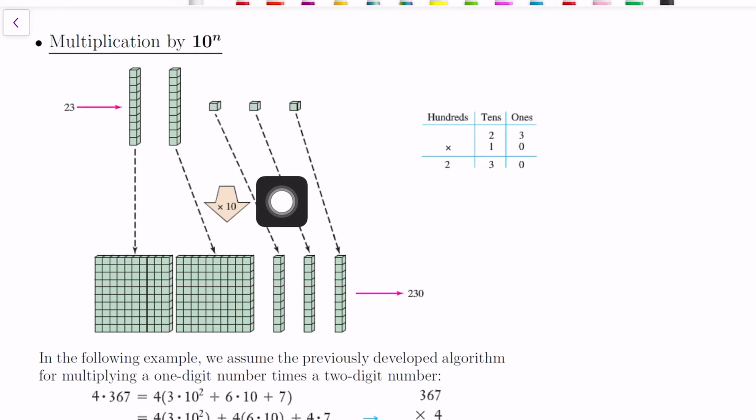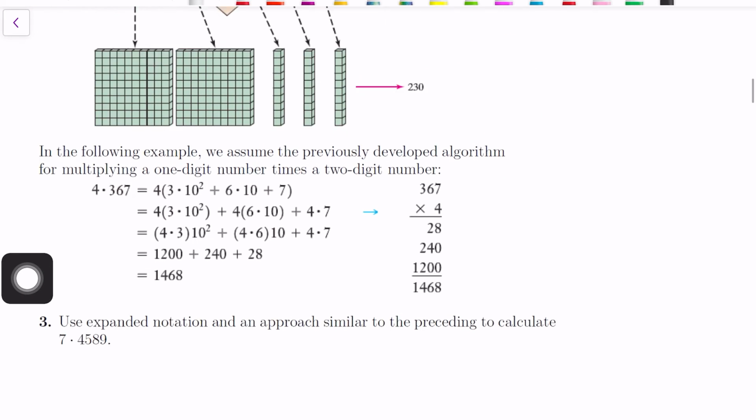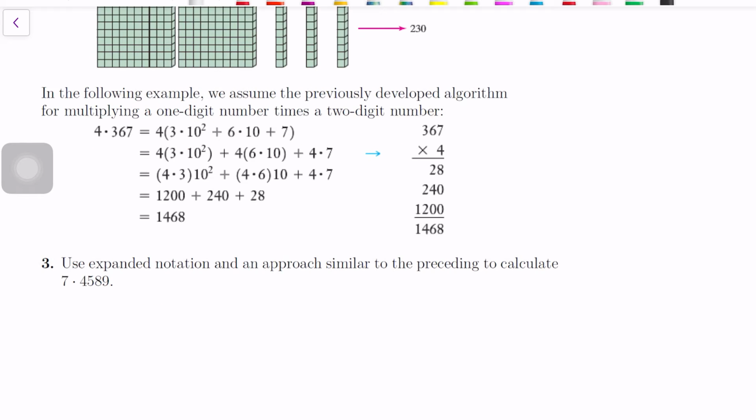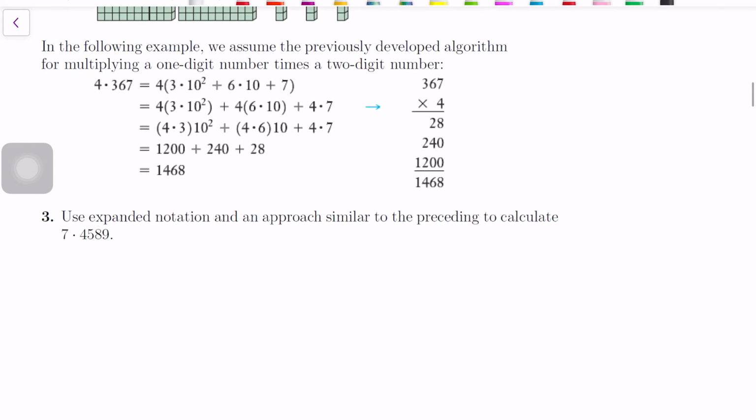Units multiplied by 10 become longs. And flats multiplied by 10 become blocks. And of course, above that dimension, we don't have this concrete model visualization. We can only visualize up to 10 to the power 3, all the way up to blocks.